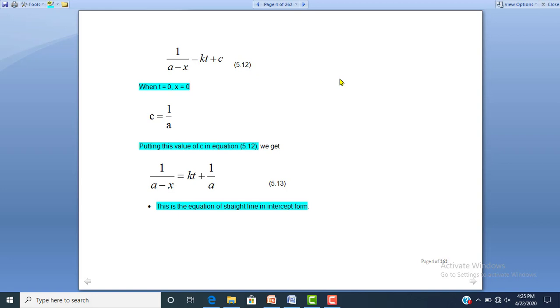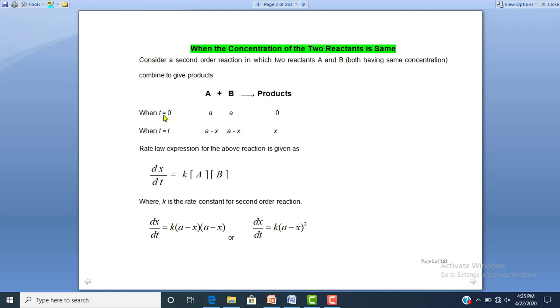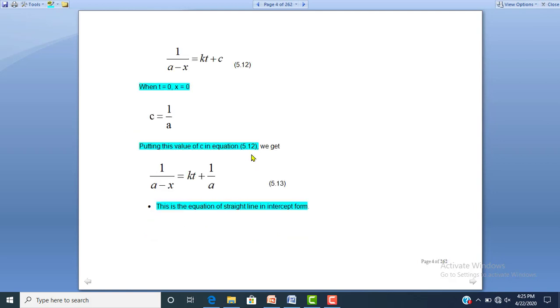Dear students, if you remember, when we started the reaction, when time was 0, then x was 0. So these are the starting conditions. If we apply these two conditions here, that when time is equal to 0 seconds, then concentration x is also equal to 0, then equation 5.12 will become c is equal to 1 over a, because in equation 5.12 this x will be 0, and when t is 0, then kt will also become 0.